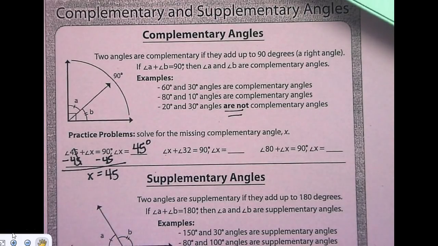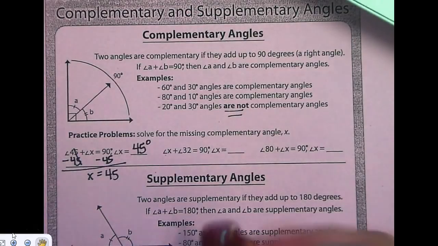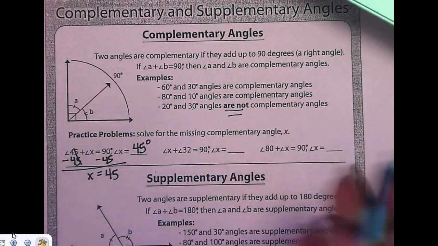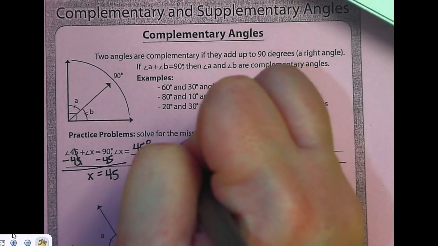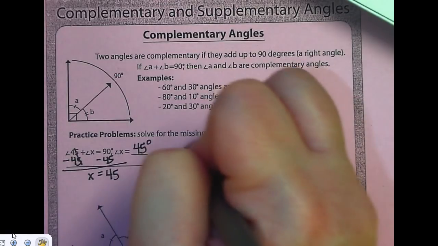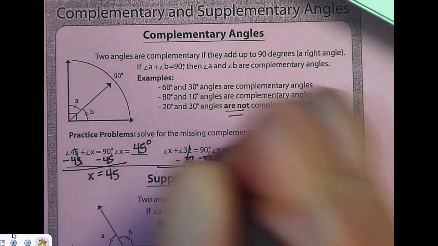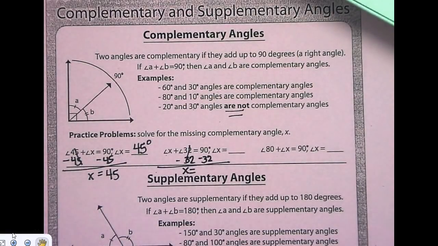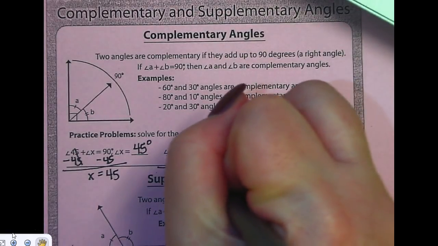All right, let's look at the next one. X plus 32 degrees equals 90. So if we want to solve for x, we need to subtract 32 from both sides, just like we did in our algebra unit. And you are left with x equals 90 minus 32, 58 degrees.